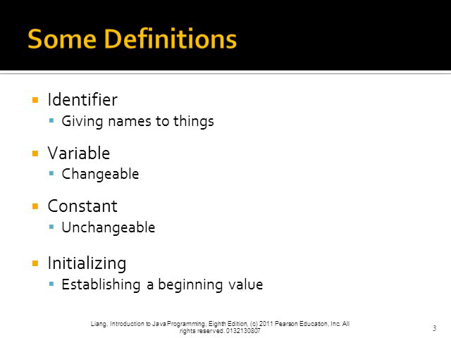So, we need to start with some understanding of some definitions. The first thing and an important part of this lesson are identifiers. Identifiers, as it says, give names to things. So, what type of things do we need to name? Well, up to this point, we've been naming our class, and so we have to have names for classes, and we have to name our variables that we'll be using.